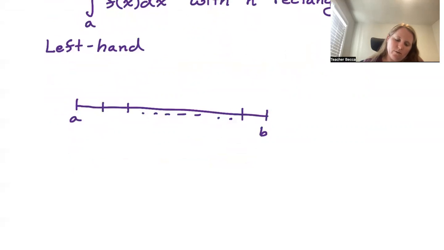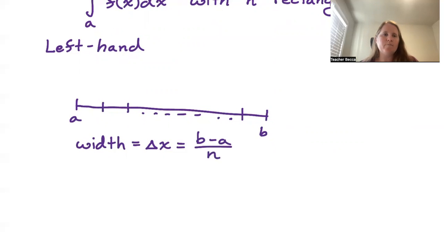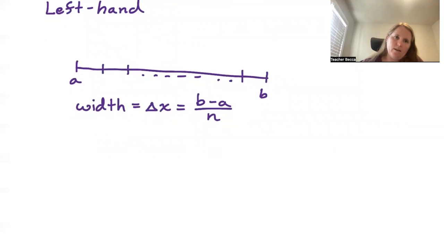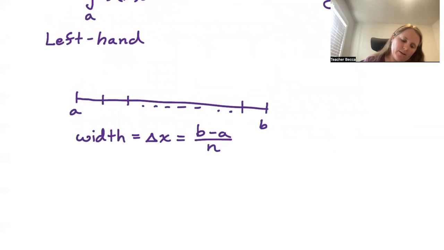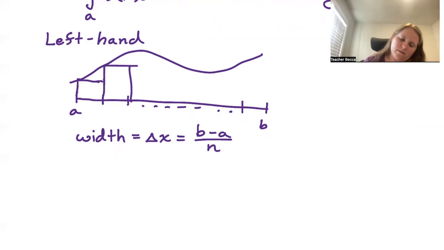So the width, which we'll denote with delta x, is going to be b minus a over n. The height will be based off the left-hand side.